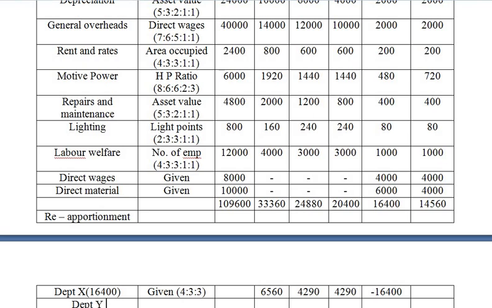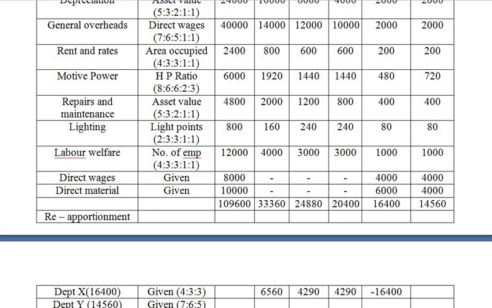Department Y. Now check the total of department Y, that is 14,560. Now the ratio, what they have told us, should be taken on direct wages. Go through the previous points. Here the direct wages ratio is already done, and it is 7:6:5. Hope everybody is understanding.